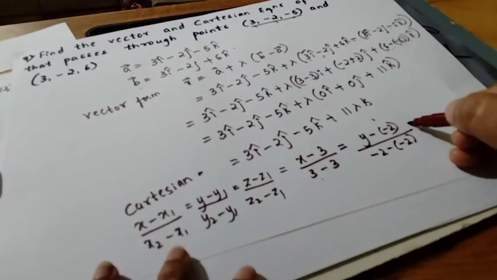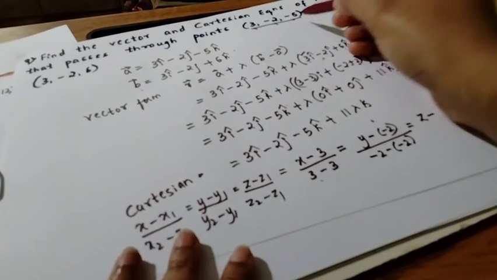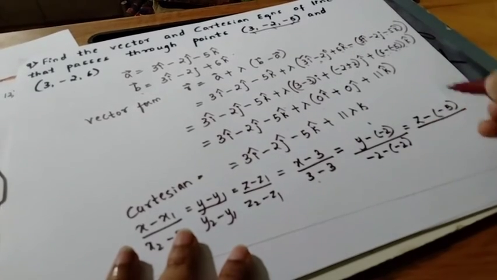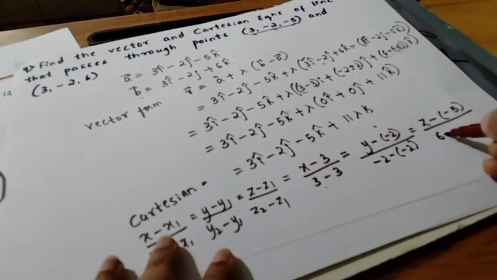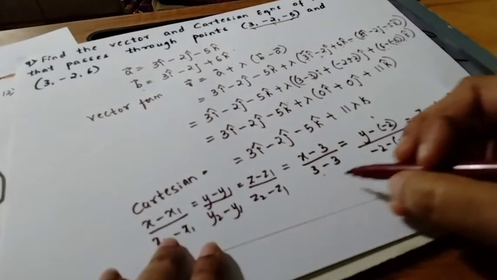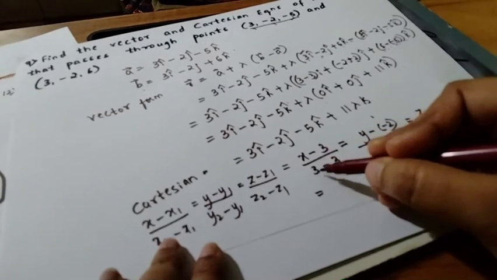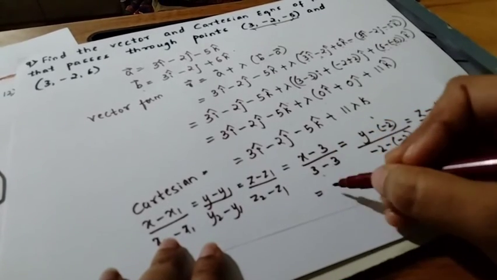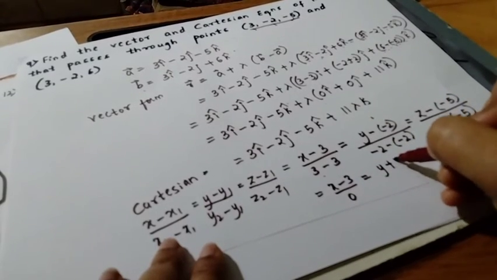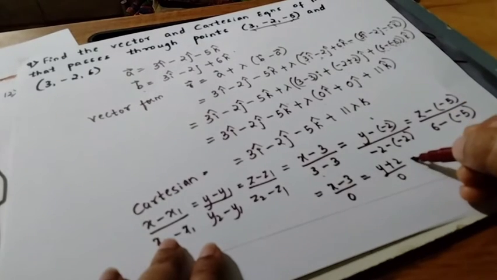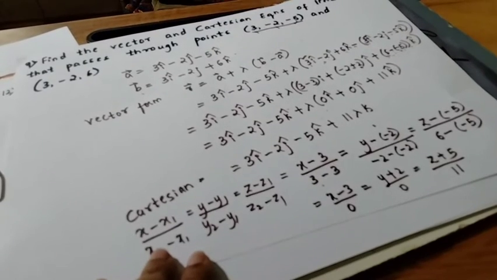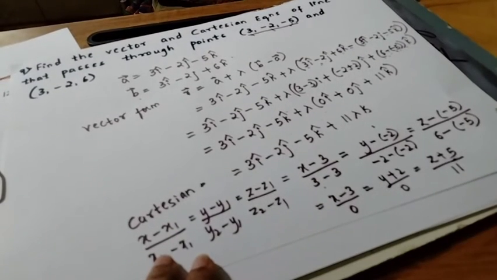So this is equal to z minus z1 value minus 5 divided by z2 minus z1, 6 minus of minus 5. So this is equal to x minus 3, 3 minus 3 is 0. This is not defined. So x minus 3 divided by 0, y plus 2 divided by 0, this is equal to z plus 5 divided by 11. So this is the Cartesian form of the given equation.